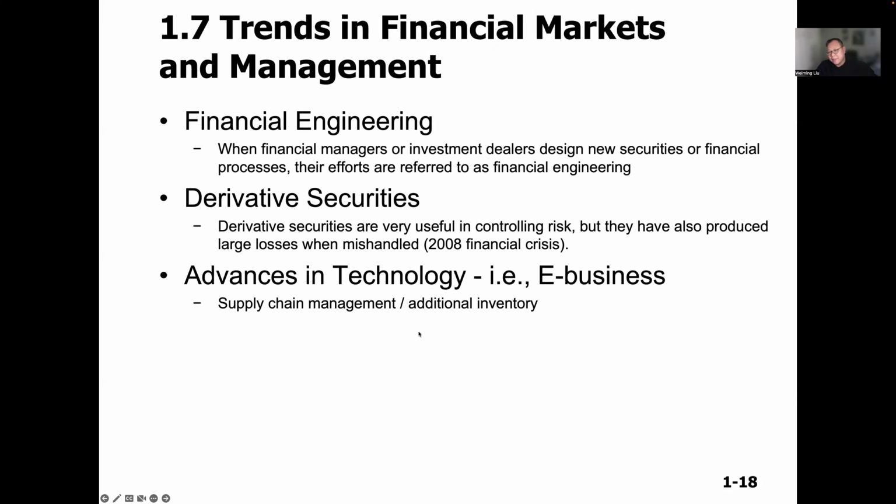Advances in technology, e-business, right? So supply chain management and inventory is key nowadays, because we can buy things on the internet from different countries. The problem is, how can you get items from A to B, right? We suffered supply chain problems during the COVID time, when countries were locked down.